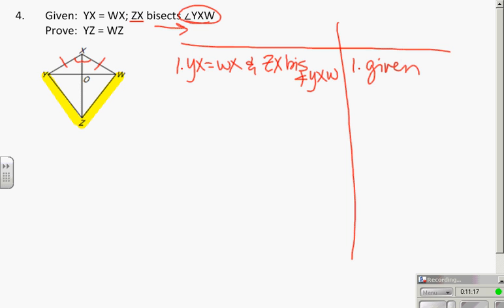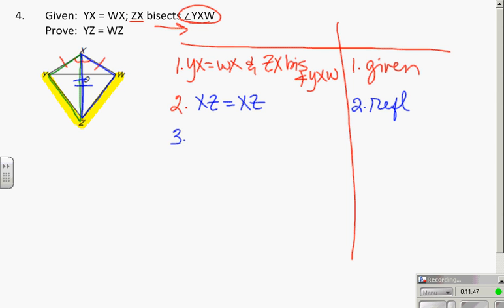Make sure you always are reading the direction of that bisecting statement and only bisecting the direct object of that verb.